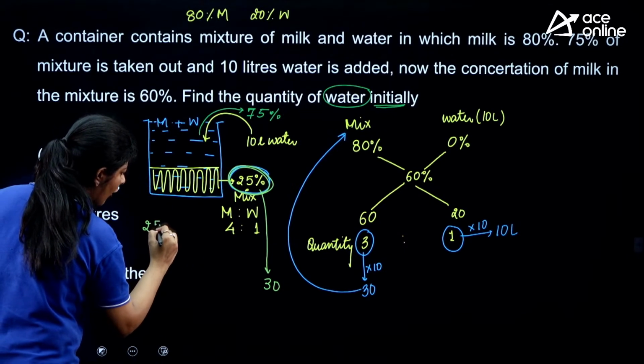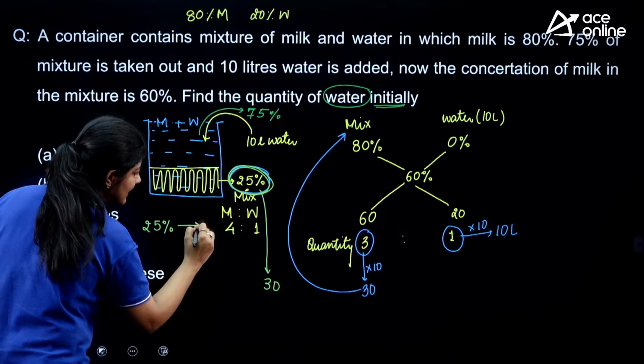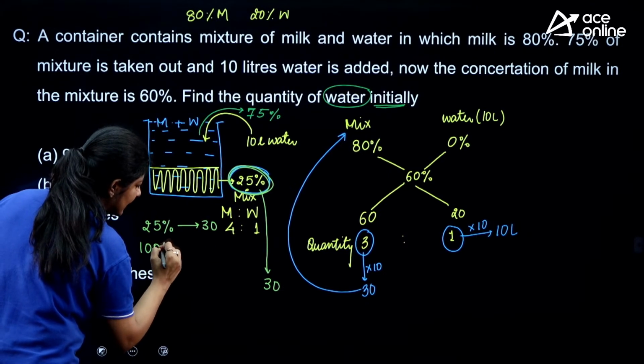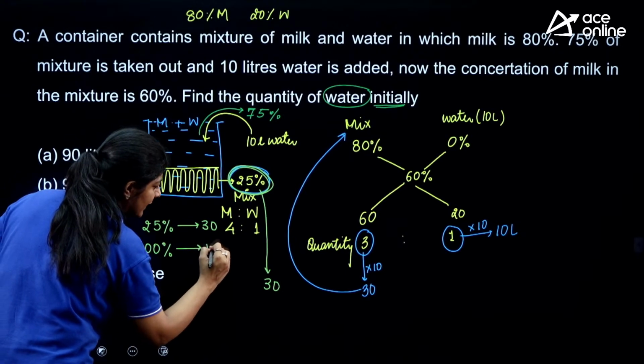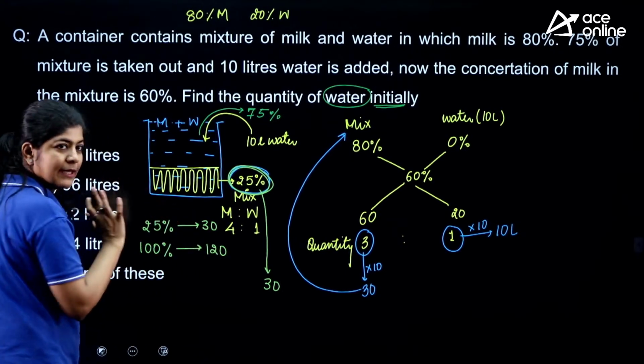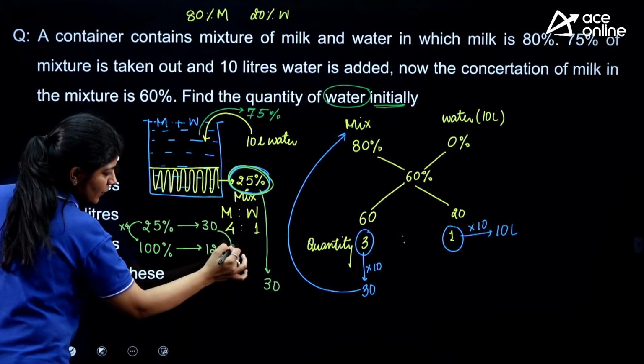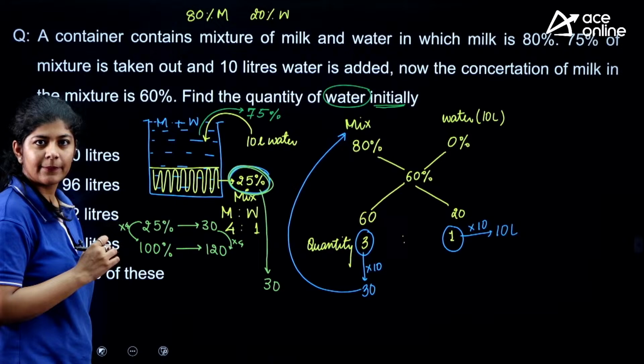If the value of 25% is 30, then the value of 100% is equal to 120. It is present on the multiple of 4, not 40.